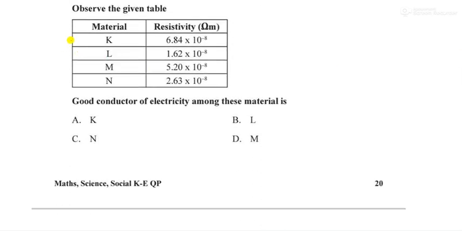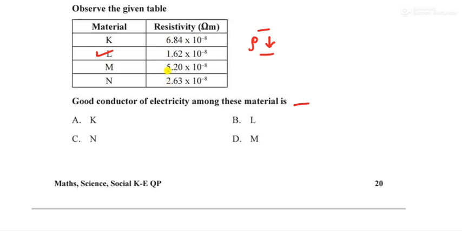Observe the given table. Materials K, L, M, N and resistivity, that is ohm meter, is given here. Good conductor of electricity among these materials is dash. So a good conductor is one whose electrical resistivity is less. Among these, the least is L, correct, because it is 1.62.